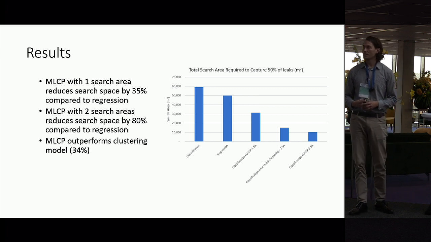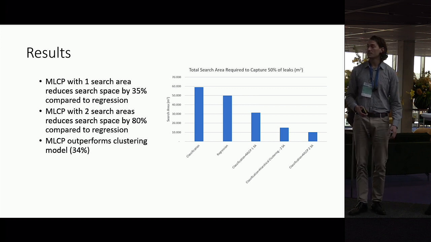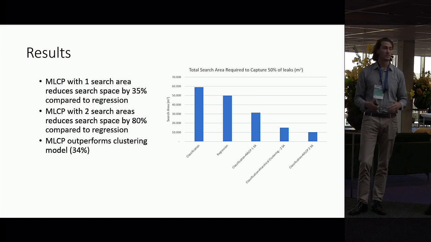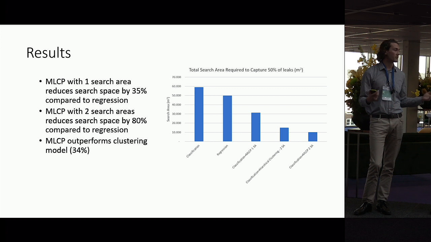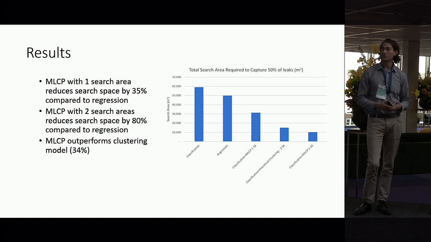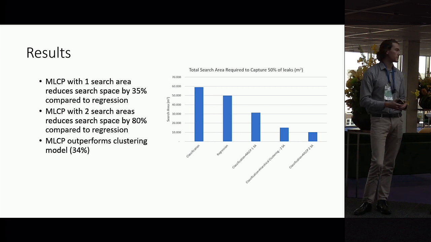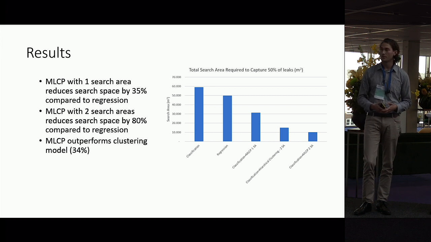And so here are just the overall results. What I wanted to do is say, okay, what kind of search area is needed to accurately capture, in this case, 50% of the leaks, but we could have picked a different value, and the area would just have to increase or decrease depending on it.